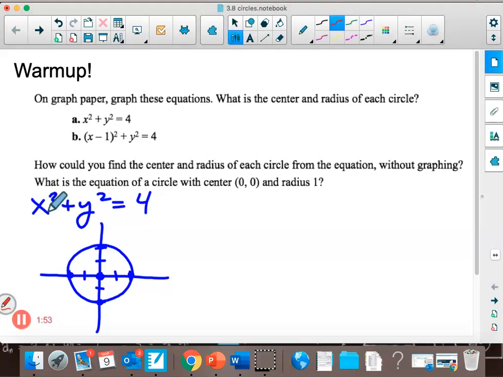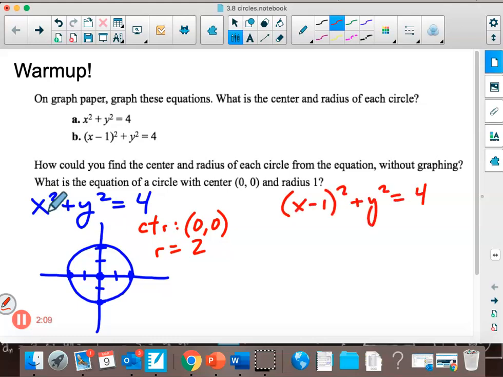So, next one. Just in case you're wondering, the center is 0, 0, and the radius is 2. For this next one, we have the equation x minus 1 squared plus y squared equals 4. Now, we've been doing a lot of translations over the last week.